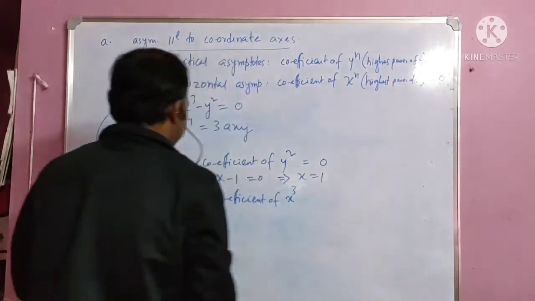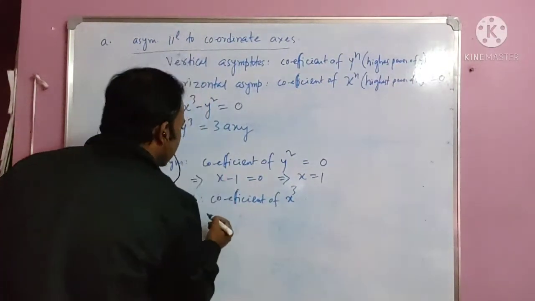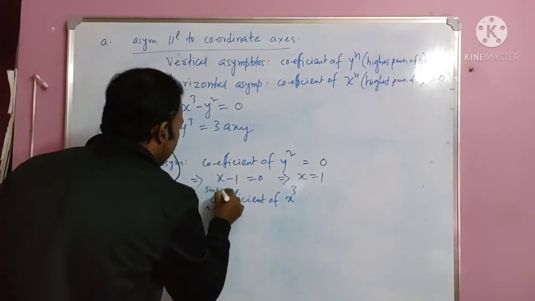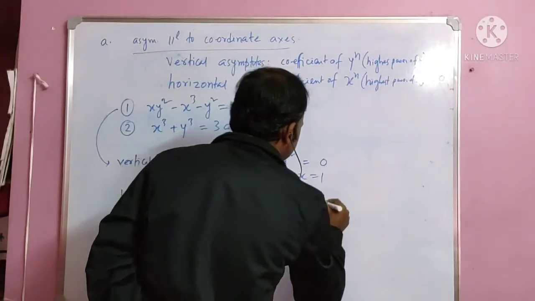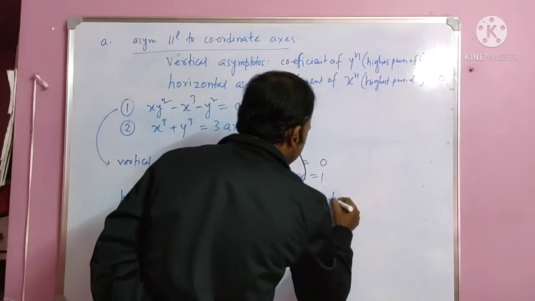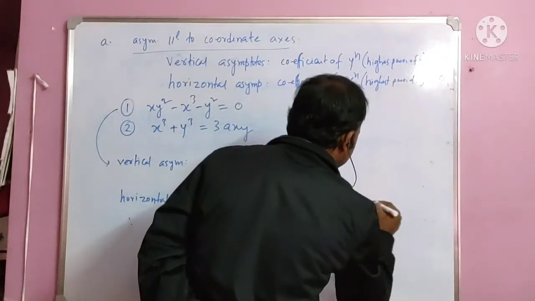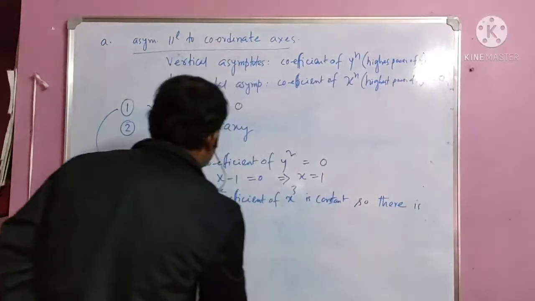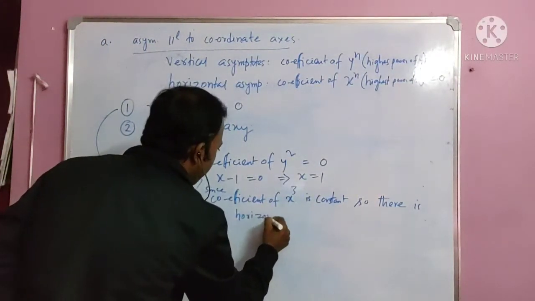We will write it this way: since the coefficient of x cube is constant, there is no horizontal asymptote.